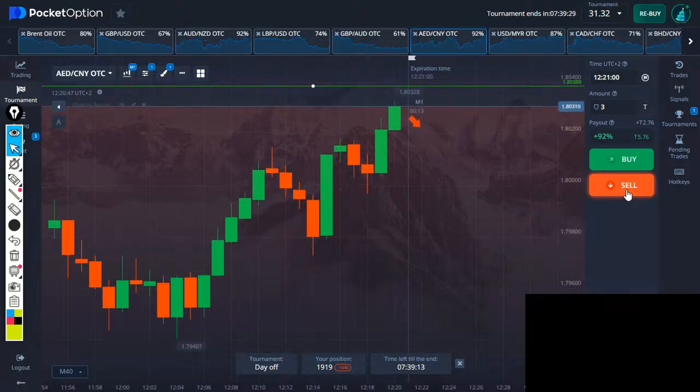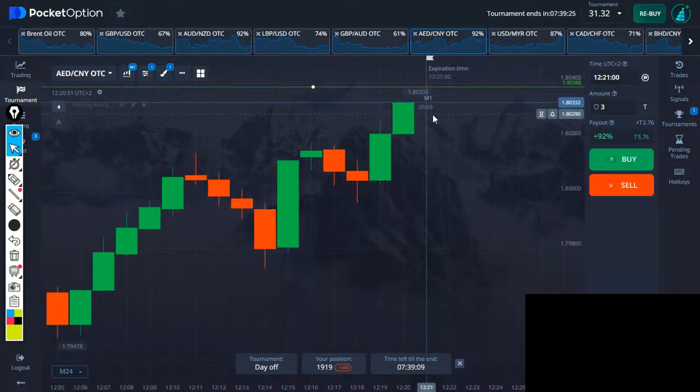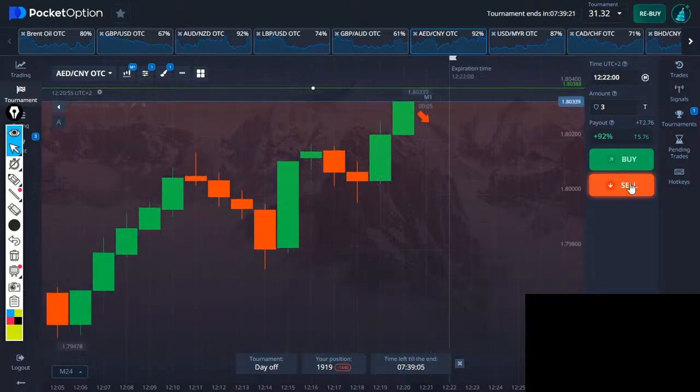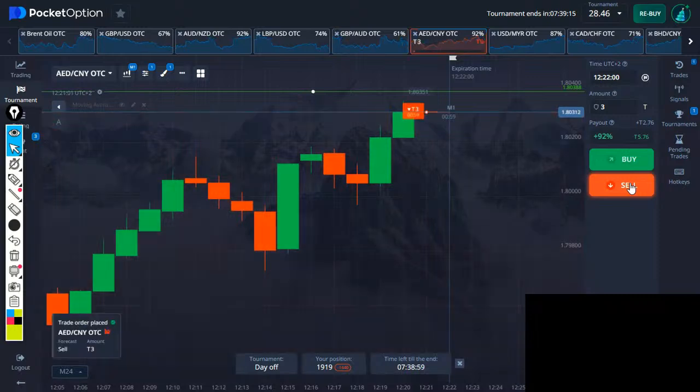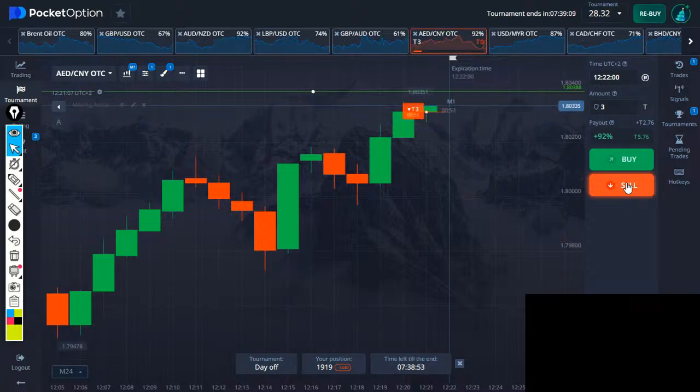Yes, I'll take a rejection to the downside, depending on the opening of the next candle. We'll take one here. If it goes up, I'll go full power on it. Two more.